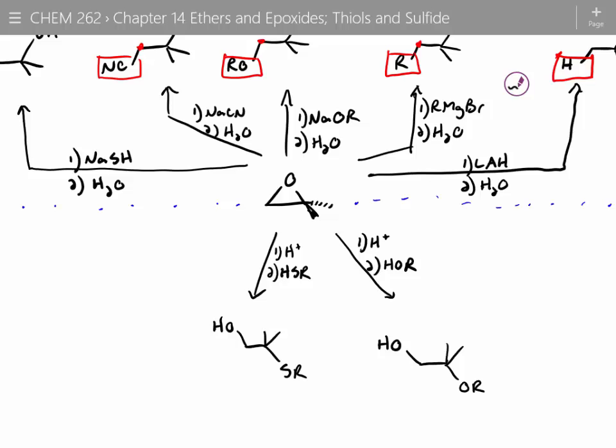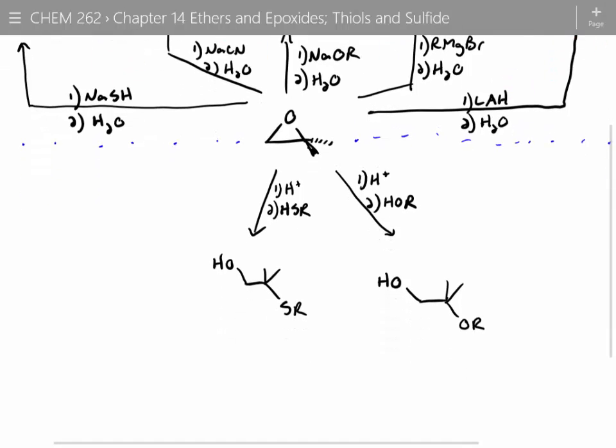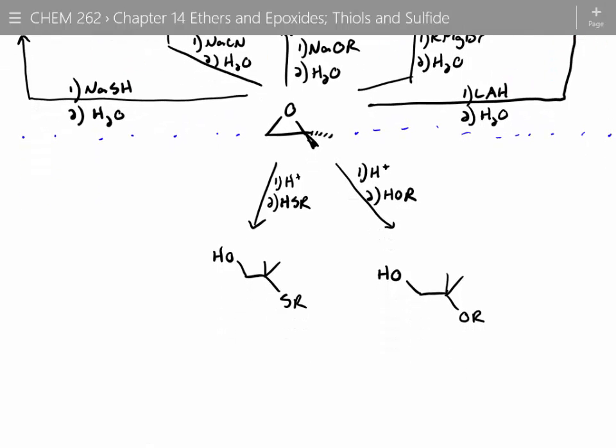Or some people will call it sulfides, and we'll spend a few minutes talking about sulfides later today. If we want to just add in H3O plus, then we can form our anti-diol, which is the reaction that we were really familiar with in chapter 8. But we know that that nucleophilic attack will take place at that more substituted carbon.